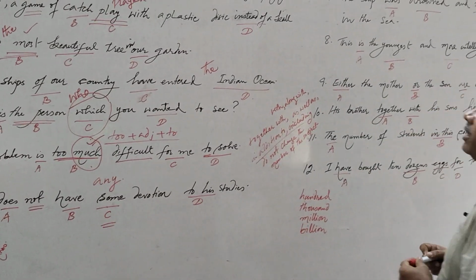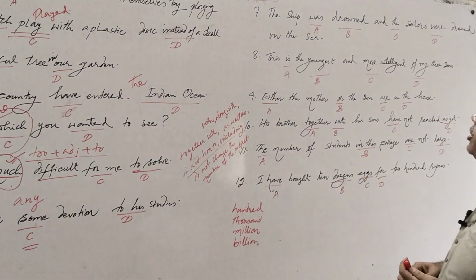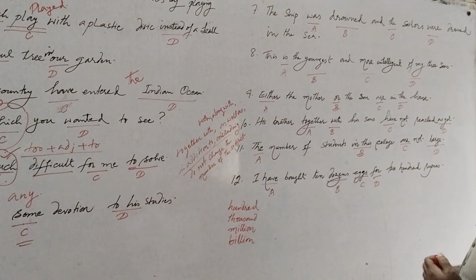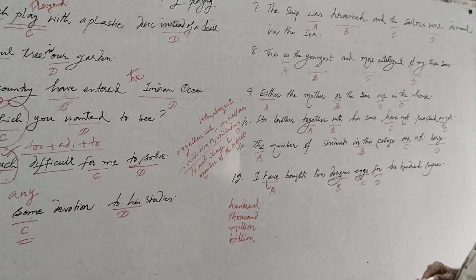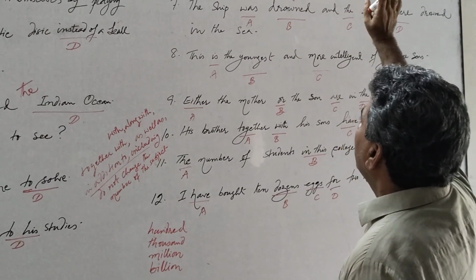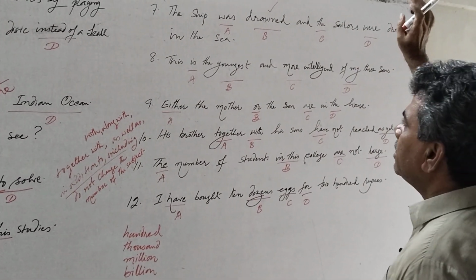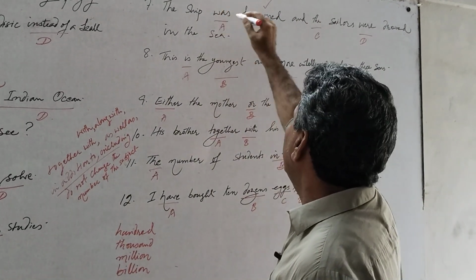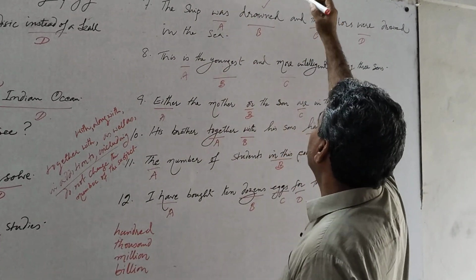We have seventh question here. The ship was drowned and the sailors were drowned in the sea. We know that the word drown is used for animate things, and for inanimate things like ship, we use the word sink.